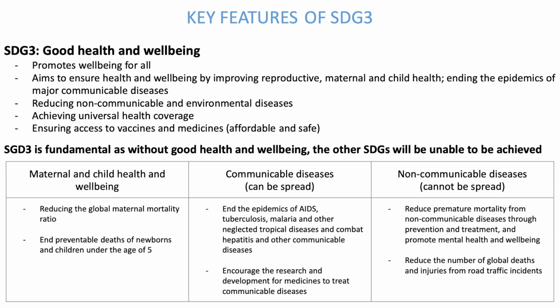Then for communicable diseases, we have ending the epidemics of AIDS, tuberculosis, malaria and other neglected tropical diseases, and combating hepatitis and other communicable diseases, as well as encouraging the research and development of medicines to treat communicable diseases.